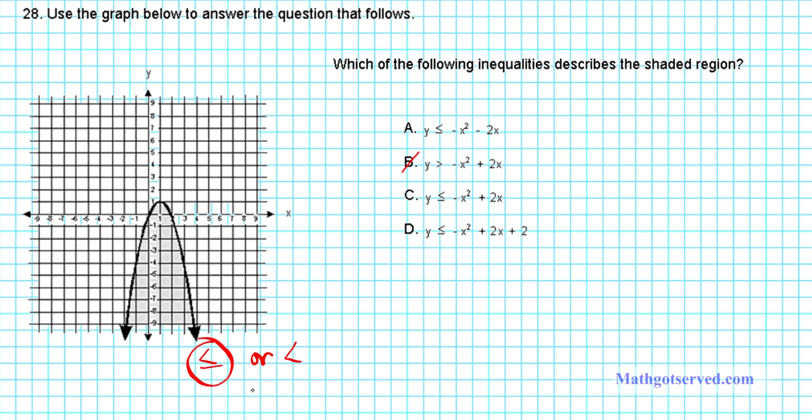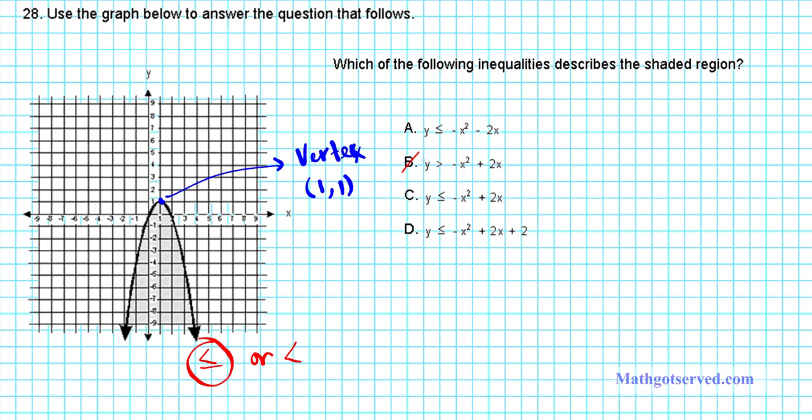But to be more precise, I would like to pick the vertex. The vertex is 1, comma 1. So if I plug in 1 into any of these inequalities, if it satisfies it, then that's a potential answer, okay? Since I'm on the line, I'm going to be looking at equal to, okay?